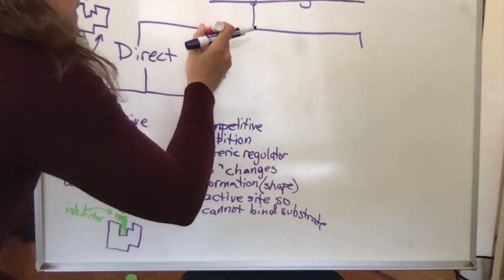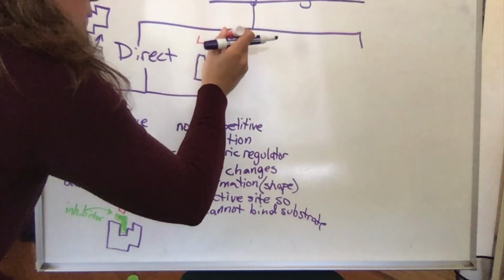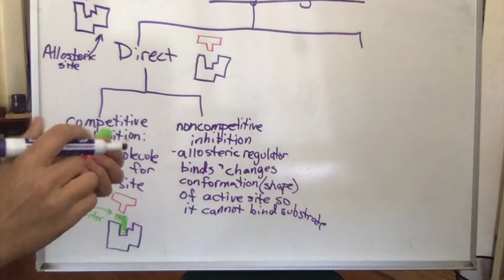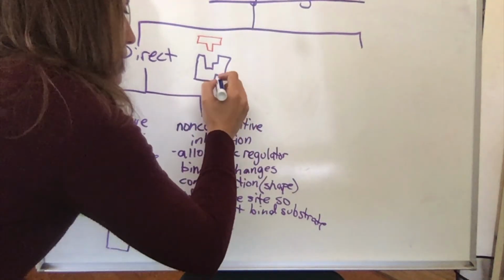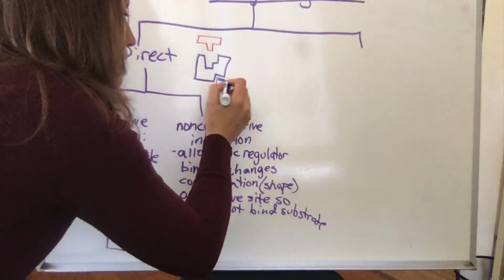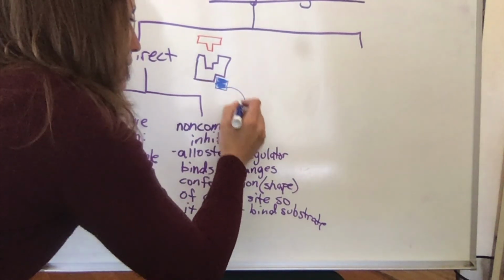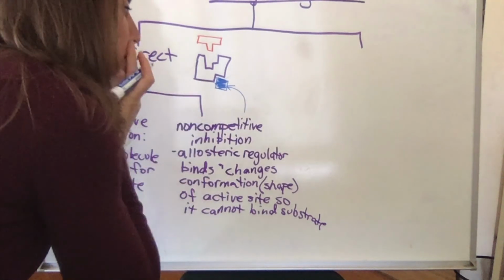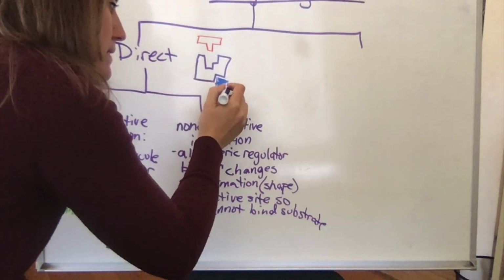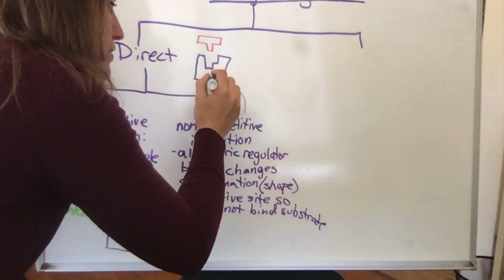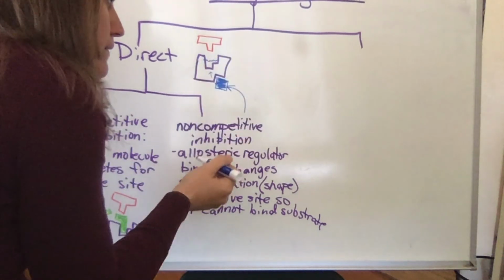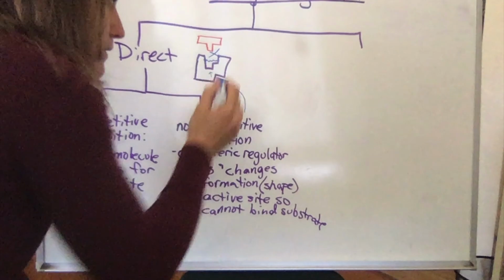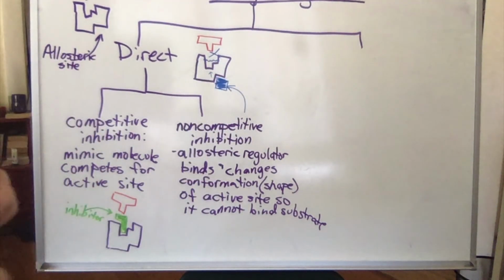Normally binds its substrate, but when an allosteric regulator comes and binds this allosteric site, it changes the conformation of the enzyme so that it no longer binds the substrate.